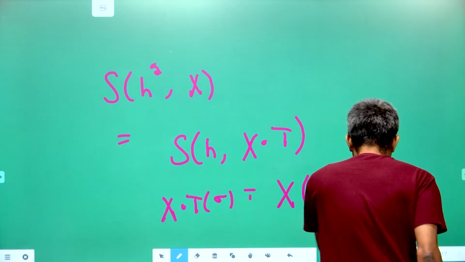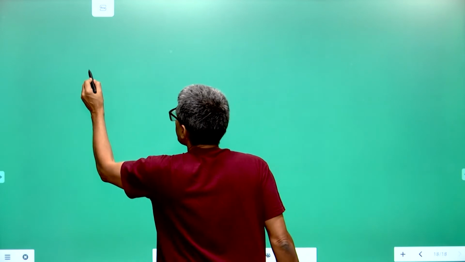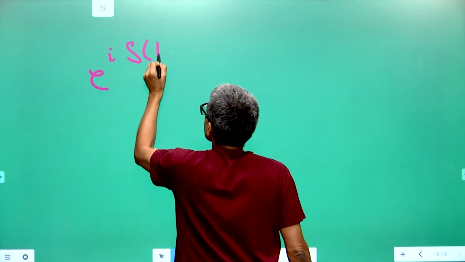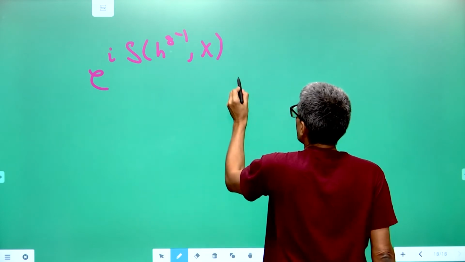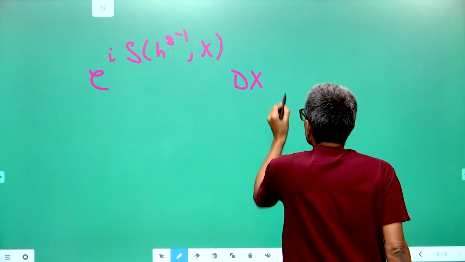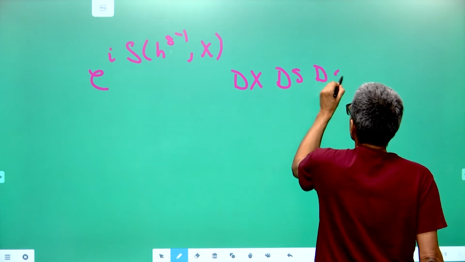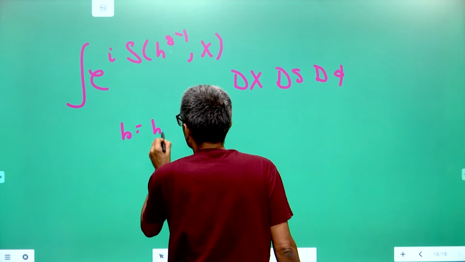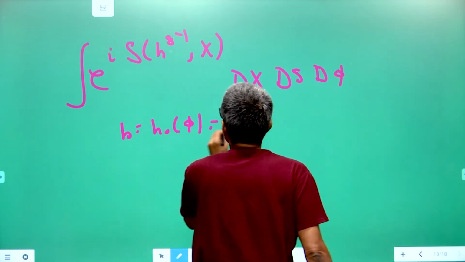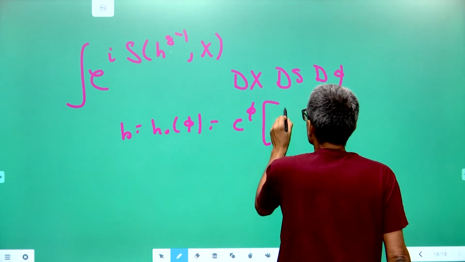So, under this transformation, what will happen to the path integral? It will become the integral of e power i S h of g inverse comma x into dx into dg into d phi, where your h is given by h0 of phi, which is equal to e power phi times the matrix 0 1 1 0.